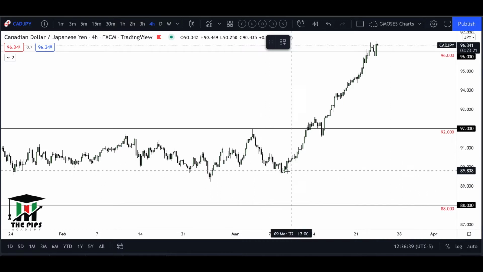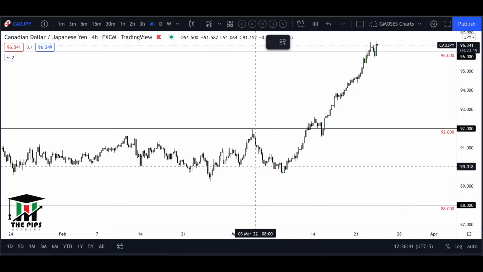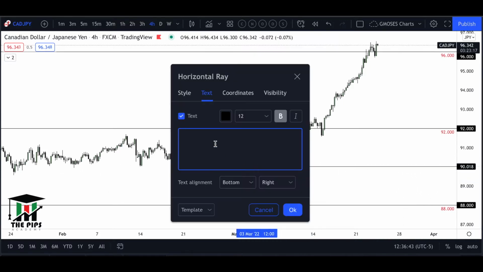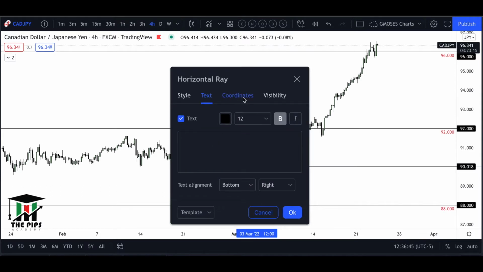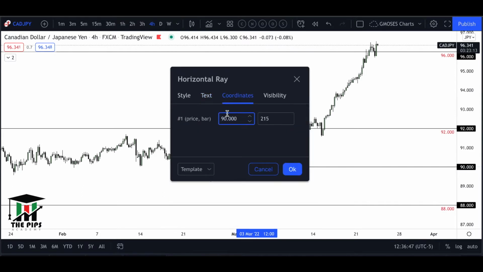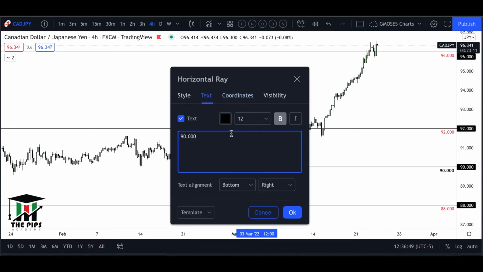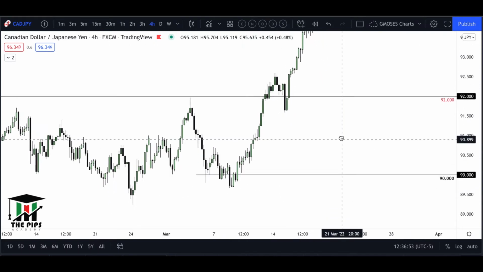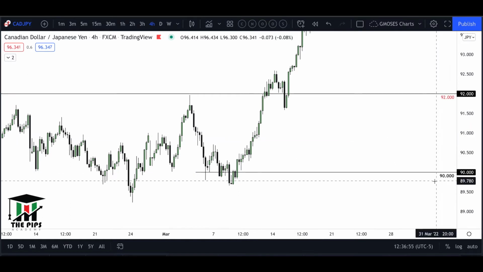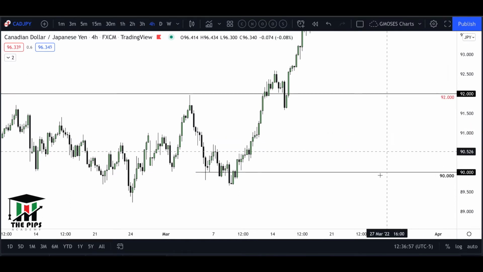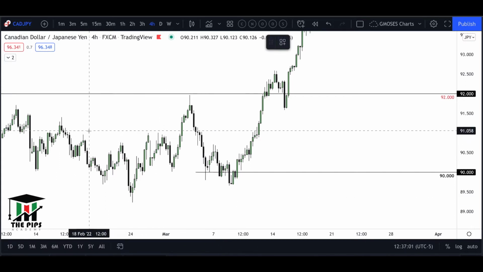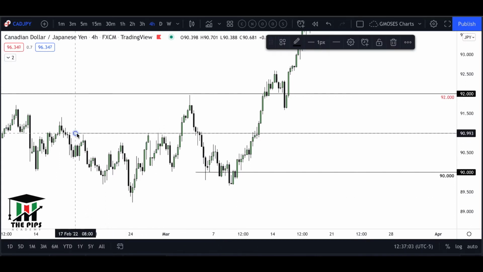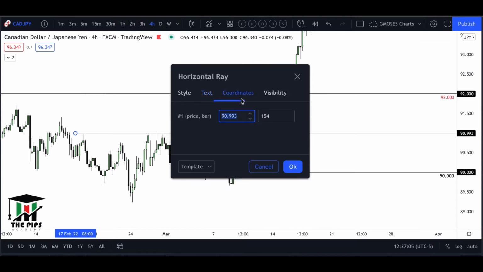So let's just say if we looked at 90, if we use the horizontal ray, plotted it here, okay, and let's just say from 90 to 91, that's the area in which we're looking to actually trade. So let's just say if we put another horizontal ray at 91.